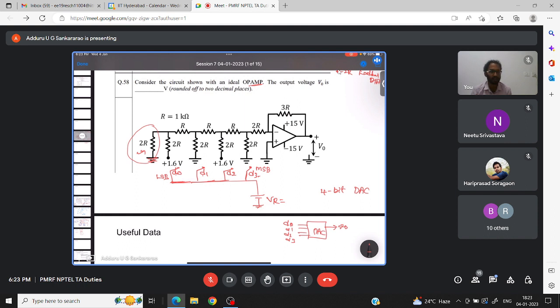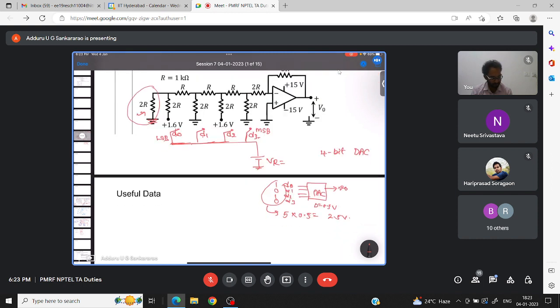So suppose I am giving 1010, and the step size is 0.5 volts, let us say. What will be the output? The decimal equivalent of this is 10... we will calculate. Decimal equivalent is 5. 5 into step size 0.5. Output is 2.5 volts.